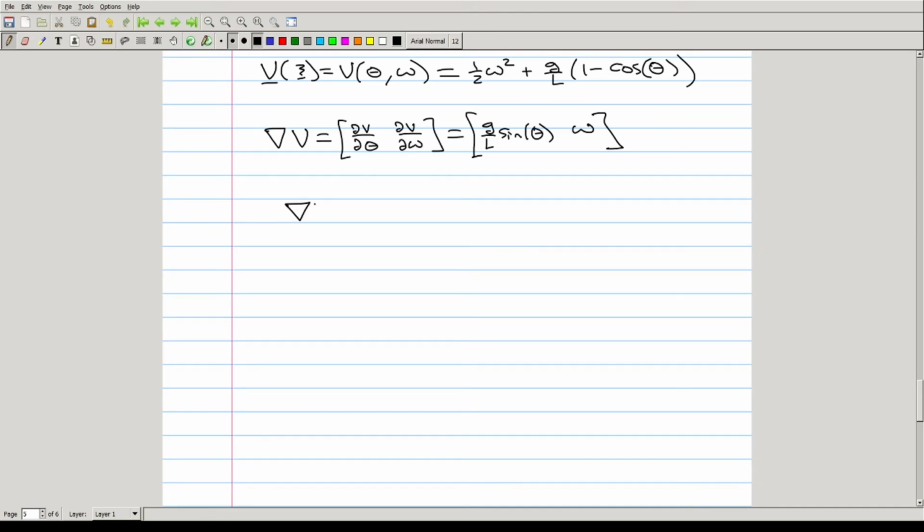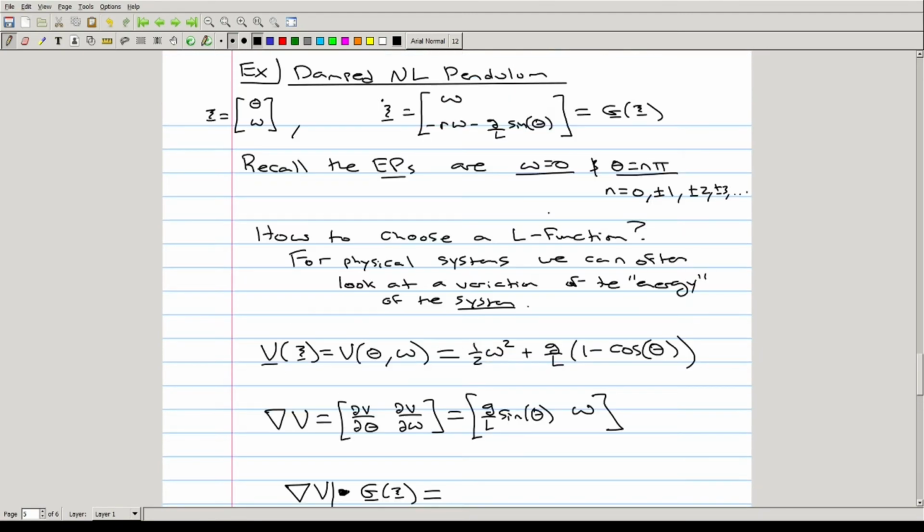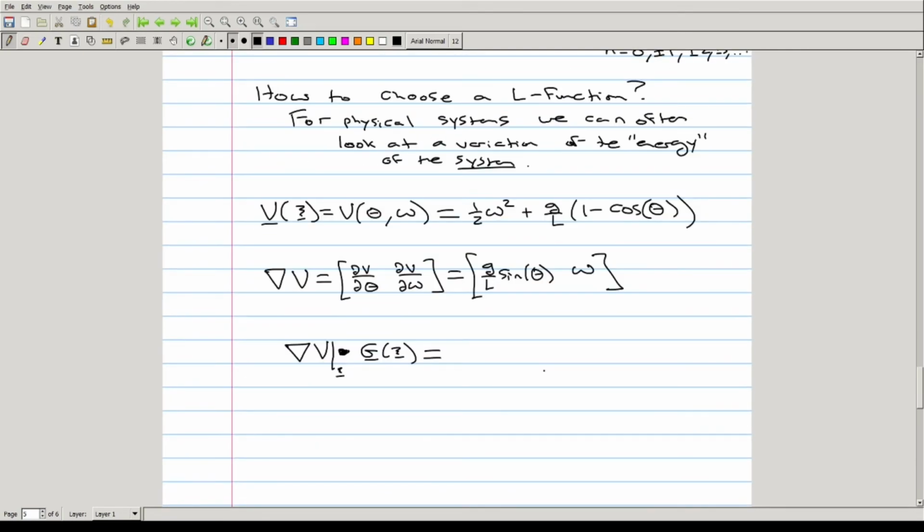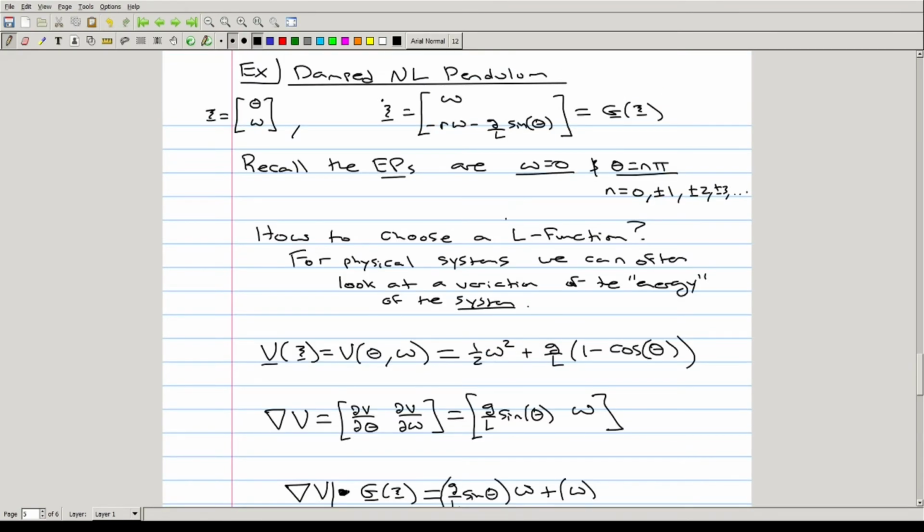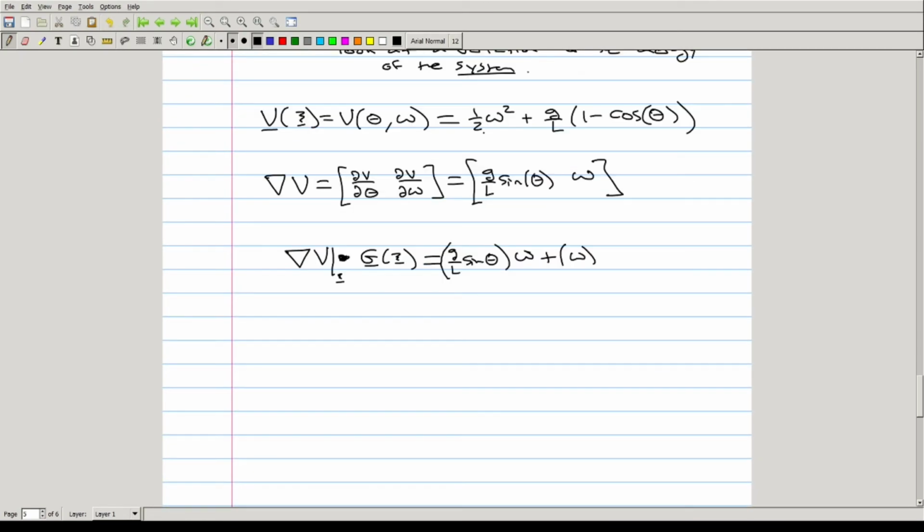So the gradient of v dotted with xi prime, which is g of xi, is going to be equal to this times this, plus omega times this times this.